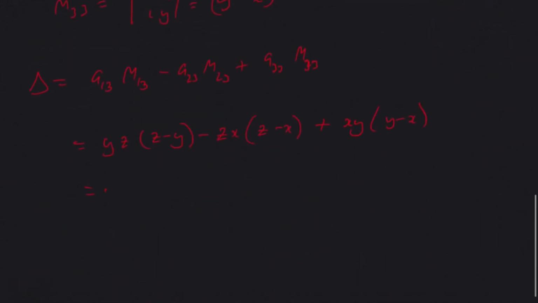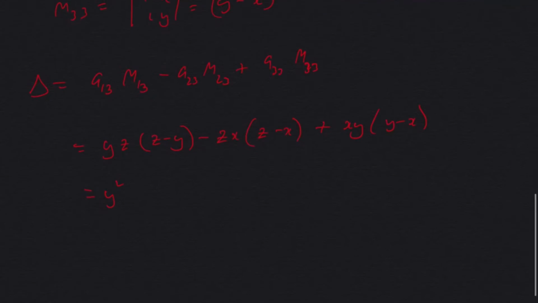So quickly multiplying, y square z minus y z square, minus z square x plus x square z, plus x y square minus x square y.